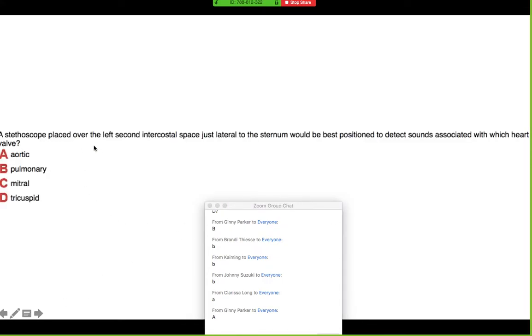All right, so stethoscope is placed over the left second intercostal space, just lateral to the sternum. Would be best positioned to detect sounds associated with which heart valve?